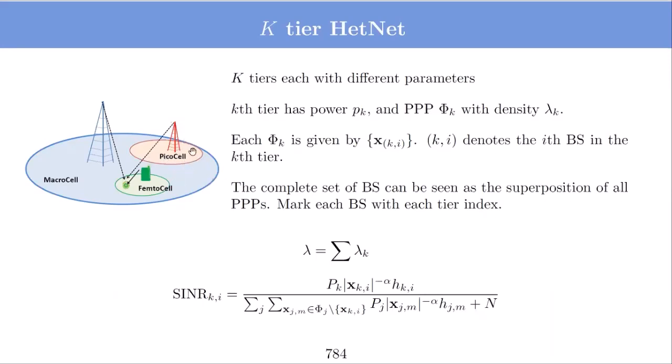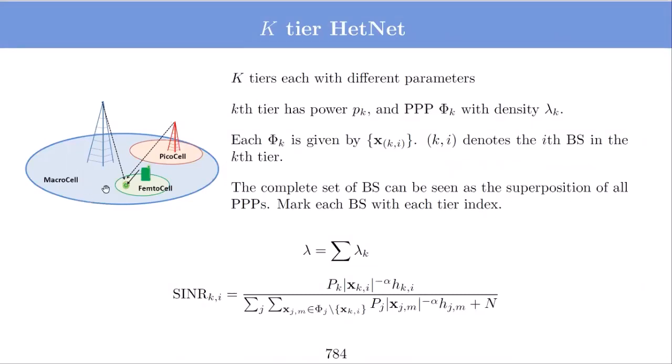But the power of the picocell is generally smaller than the macrocell, and it is used to cover particular coverage holes. And then users can also deploy femtocells in their house or office buildings to further enhance the coverage, and its transmit power is further different from the rest of the base stations. Such a network is known as a heterogeneous network because there are different types of base stations.